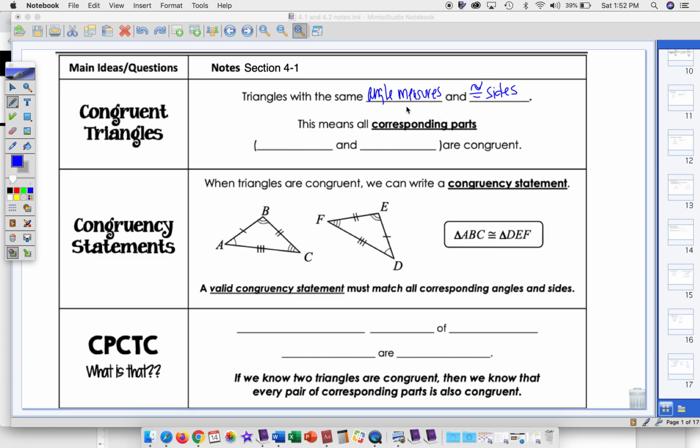Okay, so they have to have three pairs of angles that have the same measure, and three pairs of sides that have the same length, and then we could say that the two triangles are congruent. Okay, so this means that all corresponding parts are congruent. Okay, so that's, again, angles and sides.